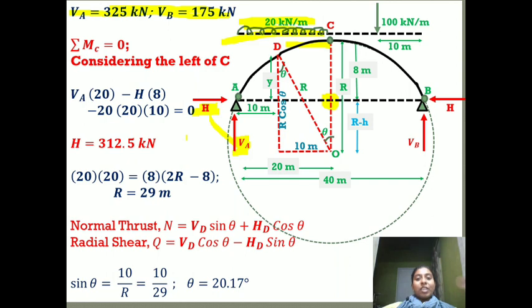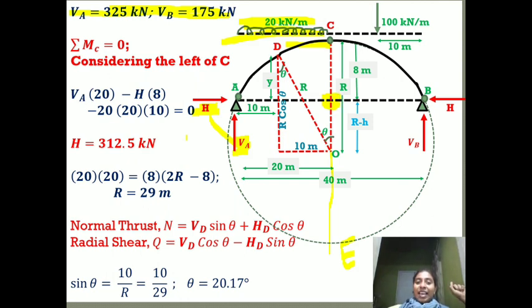One chord is AB, and for the other chord we extend this and take the end as E. So one chord is AB, another chord is CE. So it is segmented at this point.